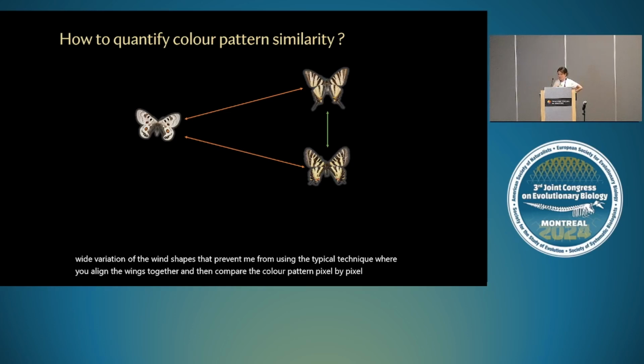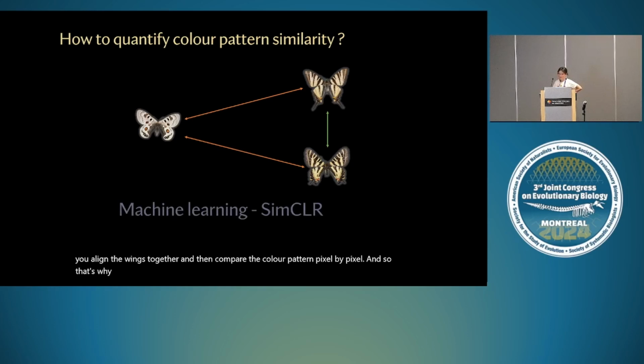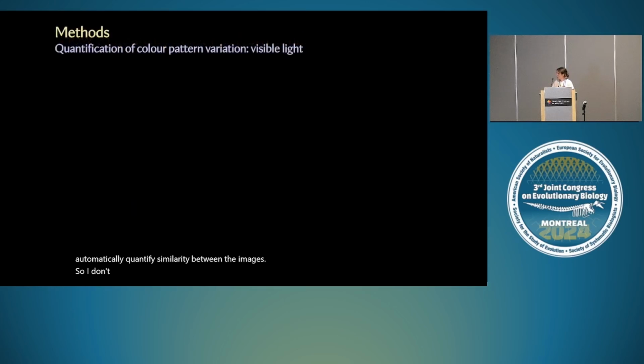And so that's why I developed a method that is based on unsupervised machine learning to automatically quantify similarity between images. I don't have the time to get into details for this method, but I will briefly explain how it works.